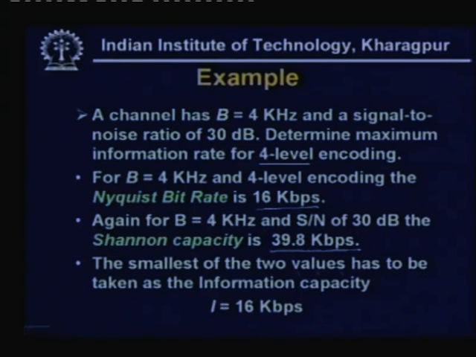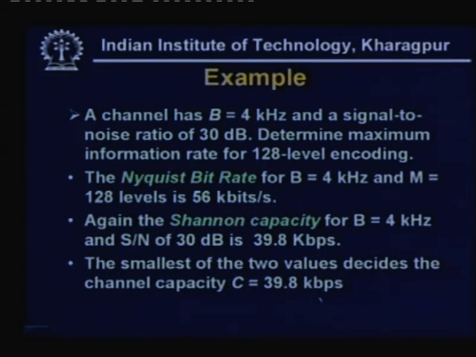So the smaller of the two values has to be taken as the information capacity. In this particular case, when we are using B equal to 4 kilohertz, a signal to noise ratio of 30 dB and 4 level encoding, the information capacity will be equal to 16 kilobits per second. In this way, we can find out the information capacity in a particular situation.